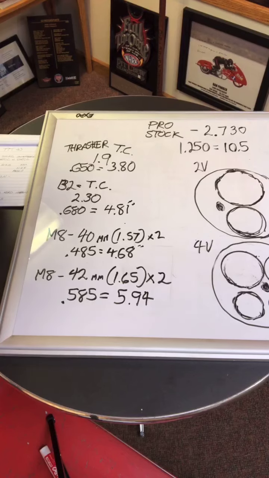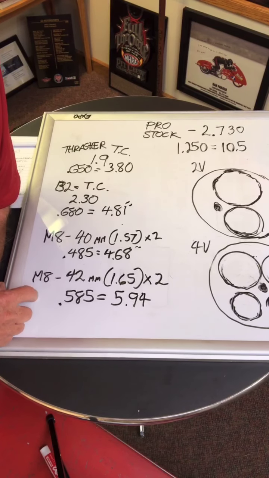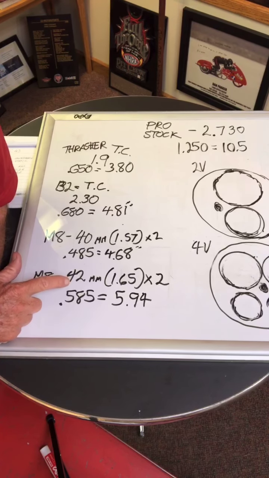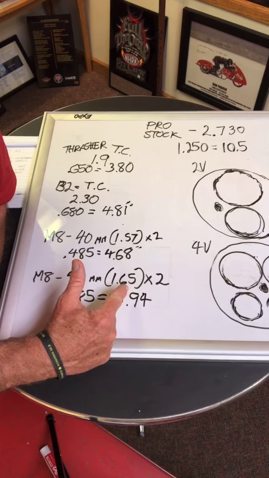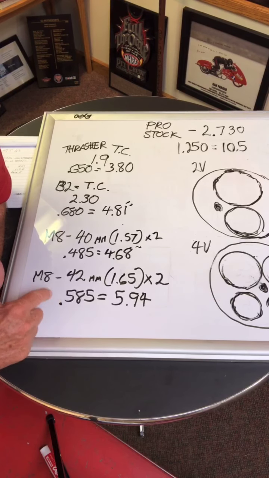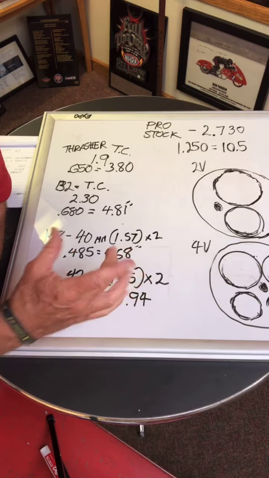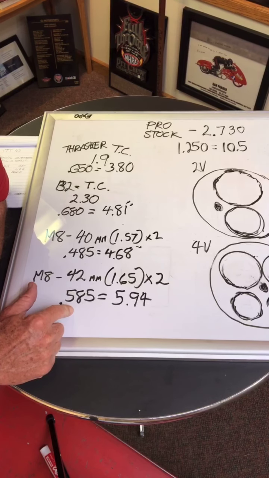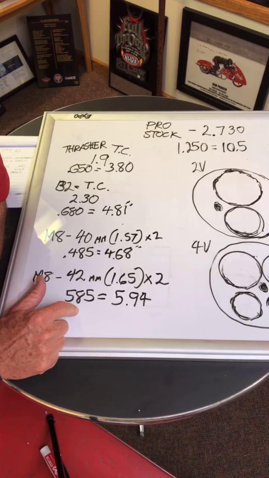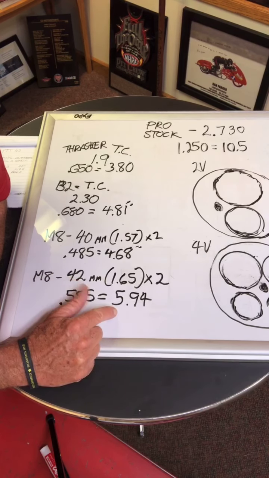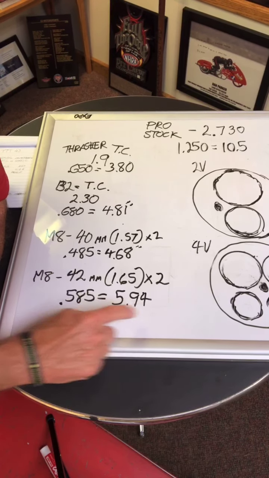Now if we take that same Milwaukee 8 and we put 2mm over intake valves in it, that's a 1.65 inches times the 0.98 of the valve job size times the lift of 0.585 that we use in our Thrasher kits, gives us 5.9 inches of curtain area.